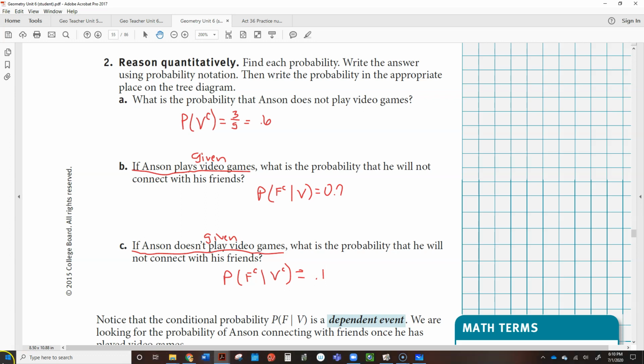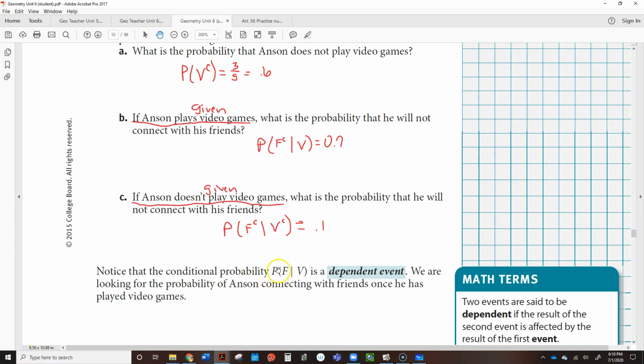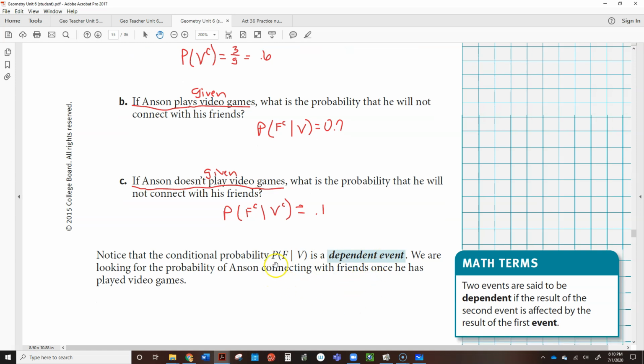Okay, and it says, notice that the conditional probability, friends given that he played video games, is a dependent event. That means that the outcome of this part right here changes what happens here.